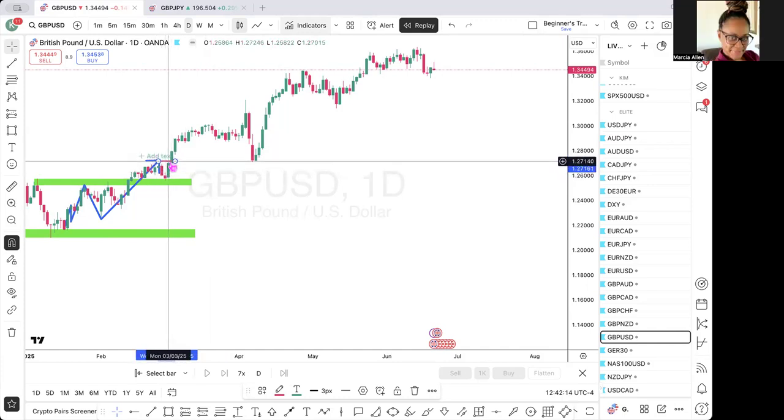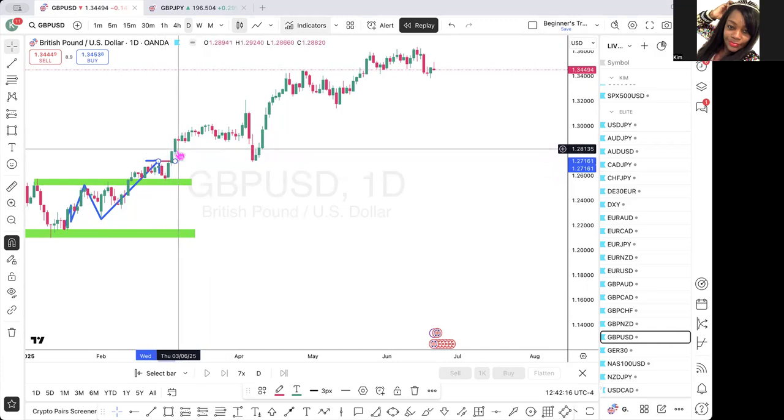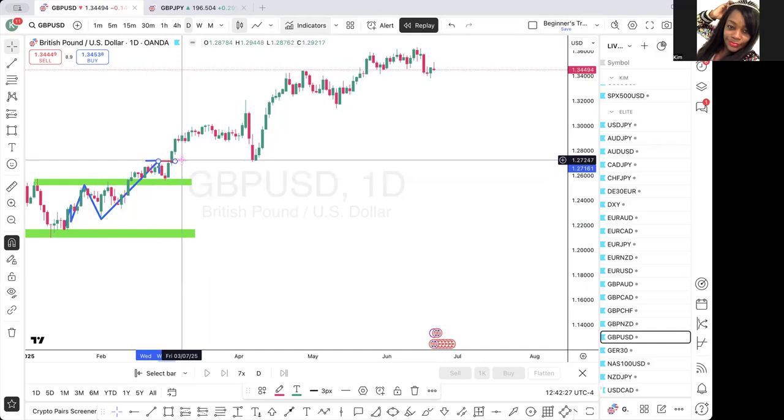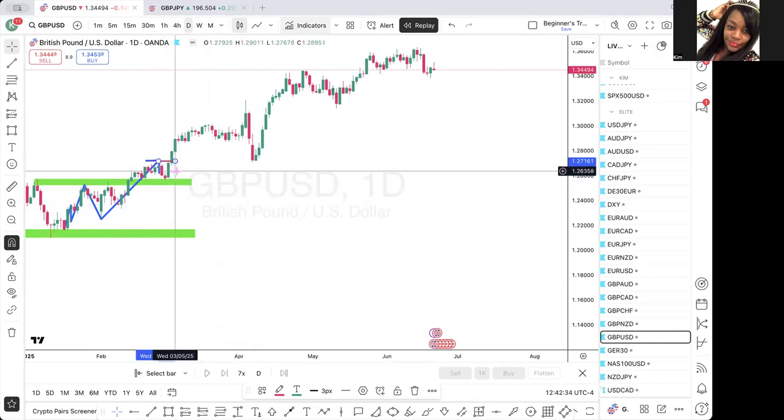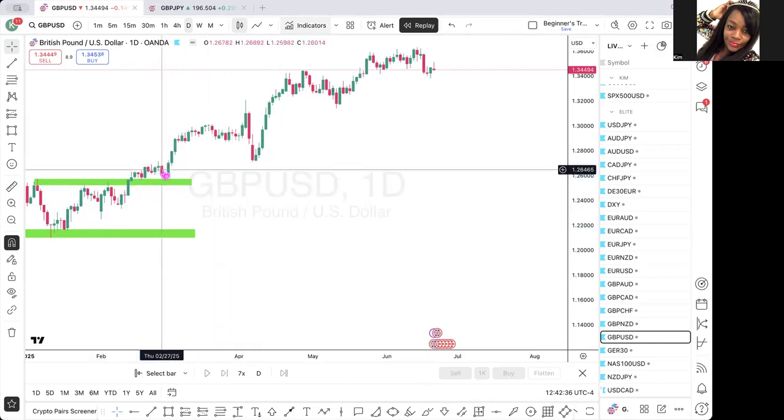But once price breaks structure, I'm looking for price to either pull back to retest that zone or pull back to my 78. Now, I don't personally trade the retest of a zone. And I'm going to just tell you why. One, it's probably the 50% 618, right?